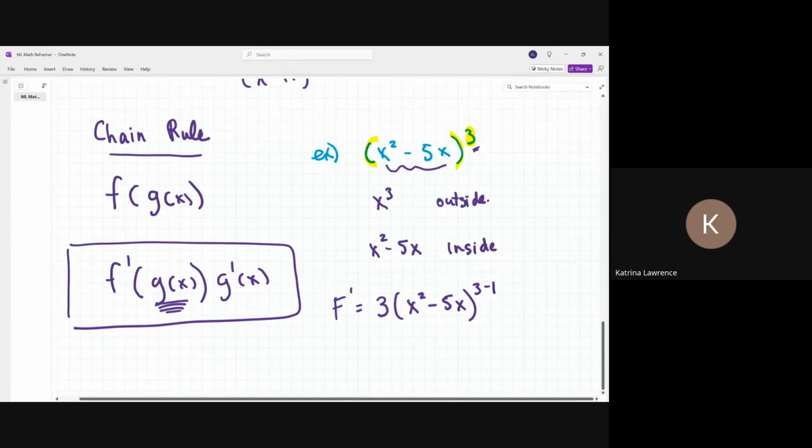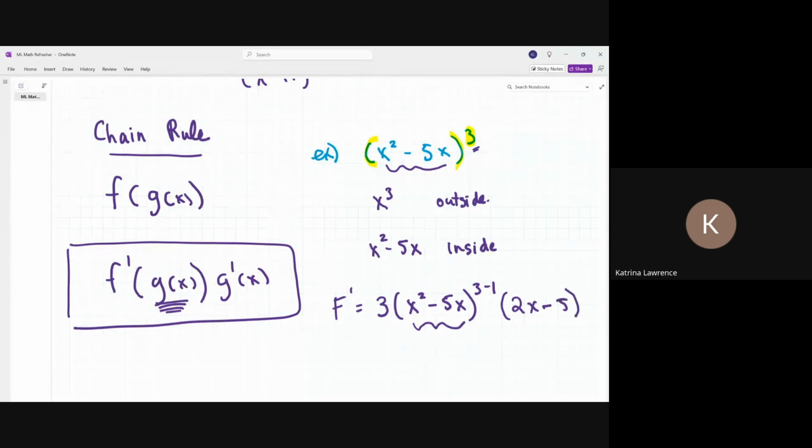Now we have to take the derivative of this inside function. Again following power rule, we'd end up with 2x minus 5. So here we have 3 times x squared minus 5x to the power of 2 multiplied by 2x minus 5. Again, you had the outside function and inside function, and you were able to work with both pieces to find the overall derivative.